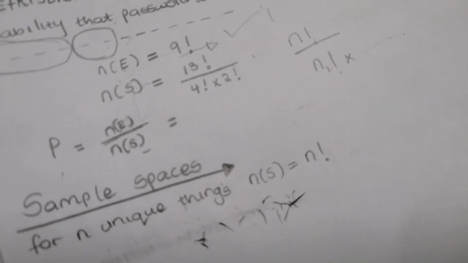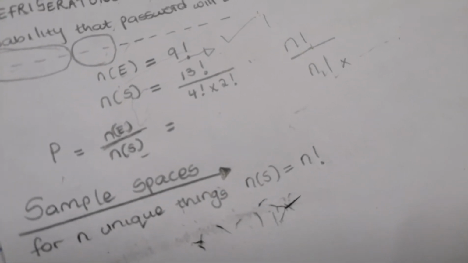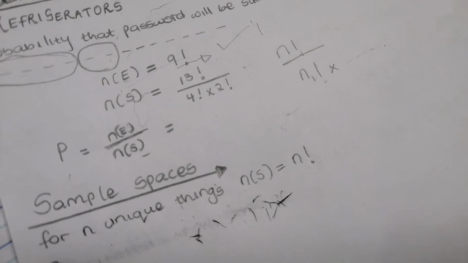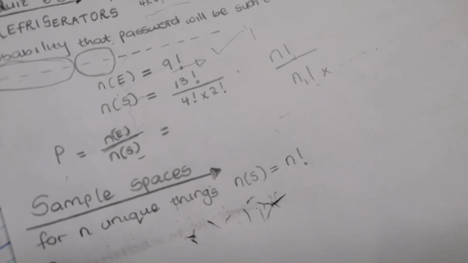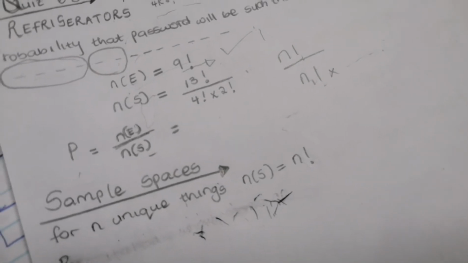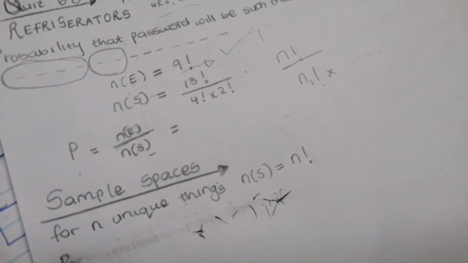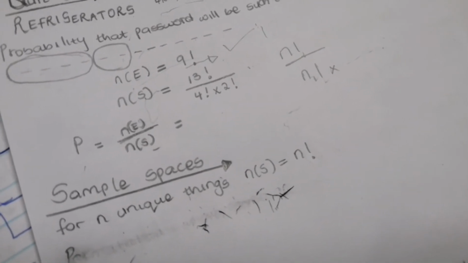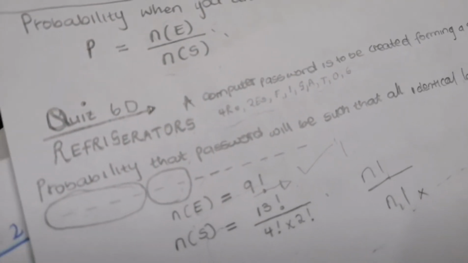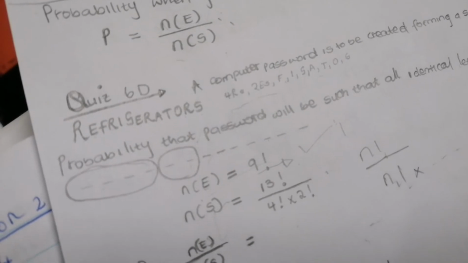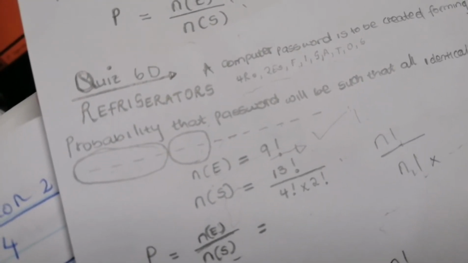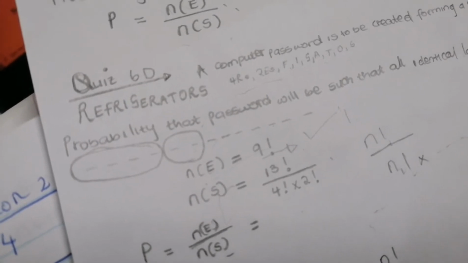All the formulas I used to explain the different concepts will be your sample spaces when we get into probability. And then to obtain your NE, you will solve for the condition, and then you will obtain your probability by saying NE divided by the sample space. That's everything, I think.